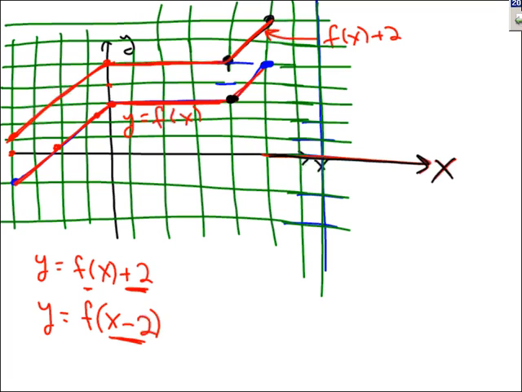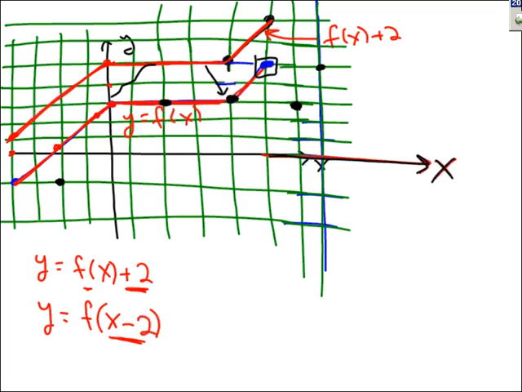So let's do that. The bottom left point goes here. This point goes there. This point goes here. Notice I just deal with the end points, the corner points. This point right here goes there.